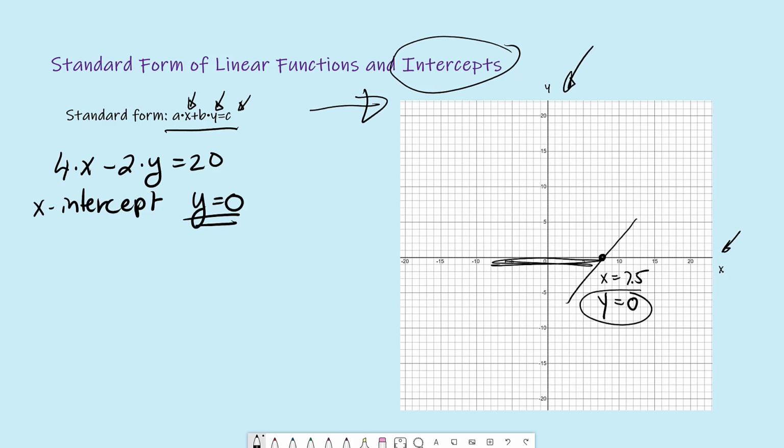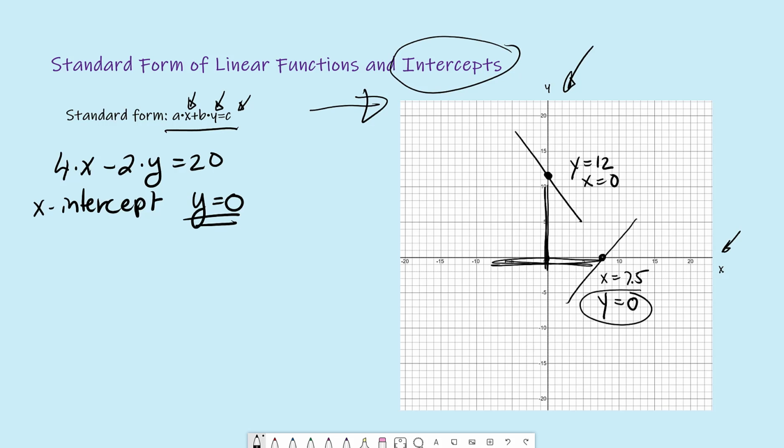The same thing is true for a y-intercept. Say we're looking at this line here. This one intercepts the y-axis at what looks like 12, or almost 12. So at y equals 12, but our x here, because we're on the y-axis, is exactly 0.